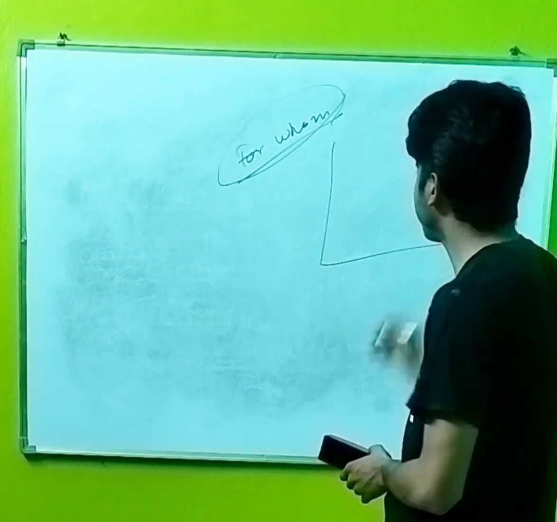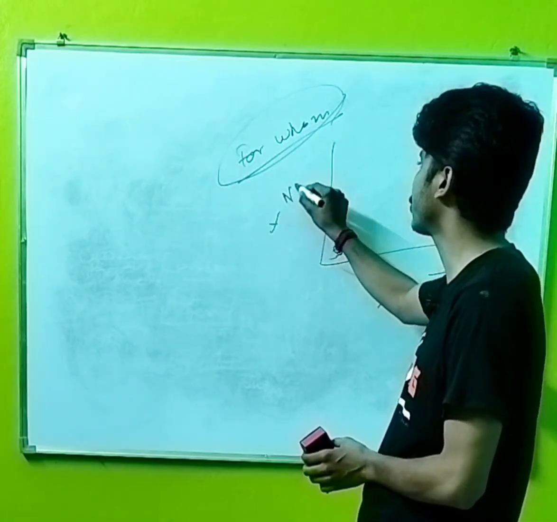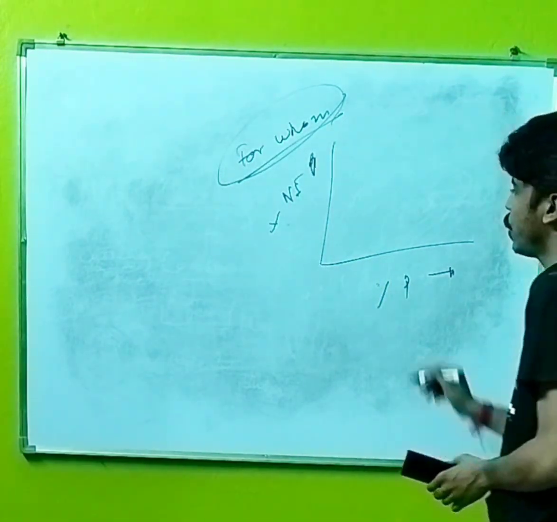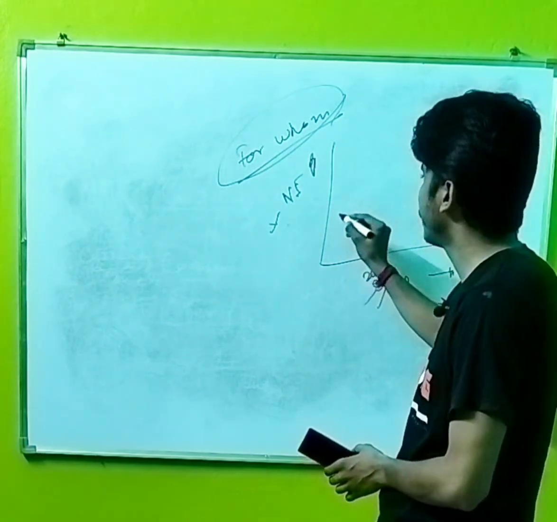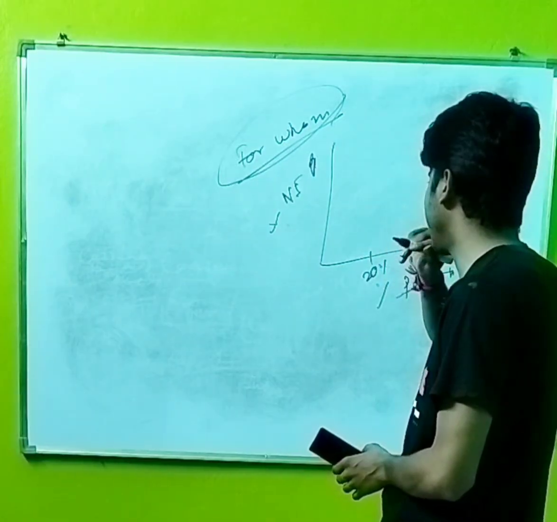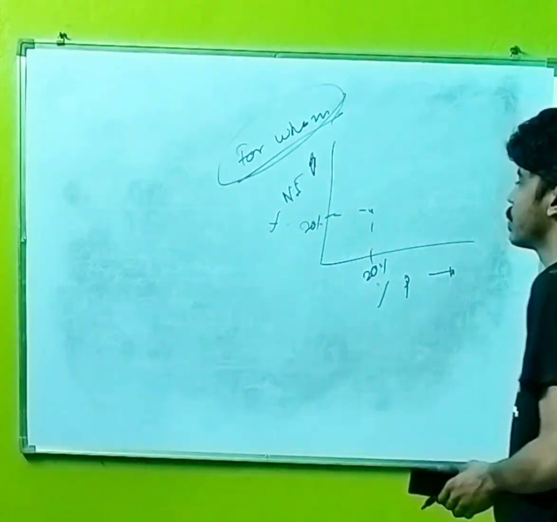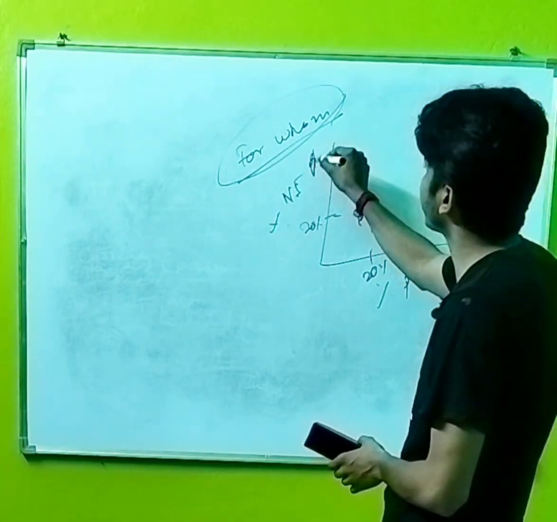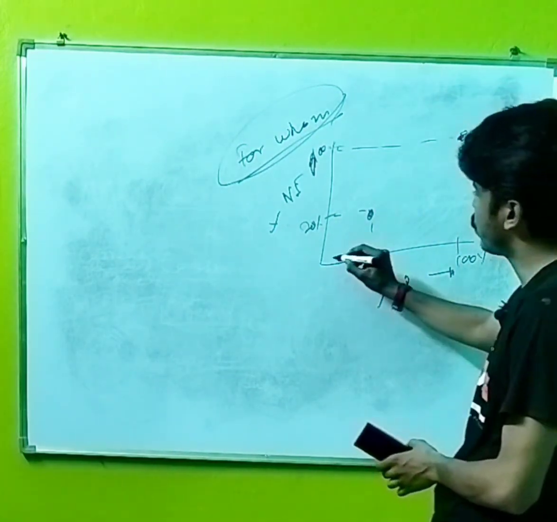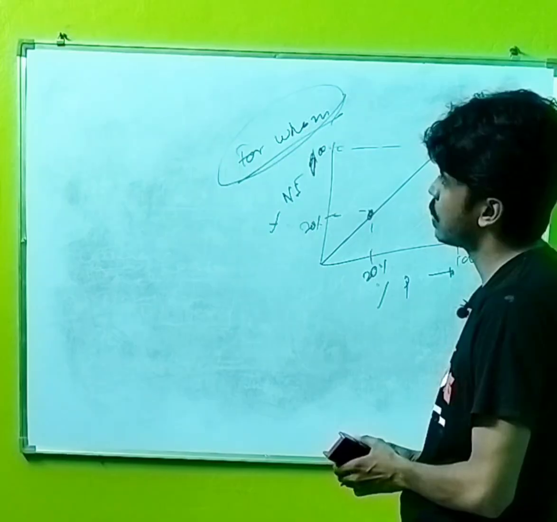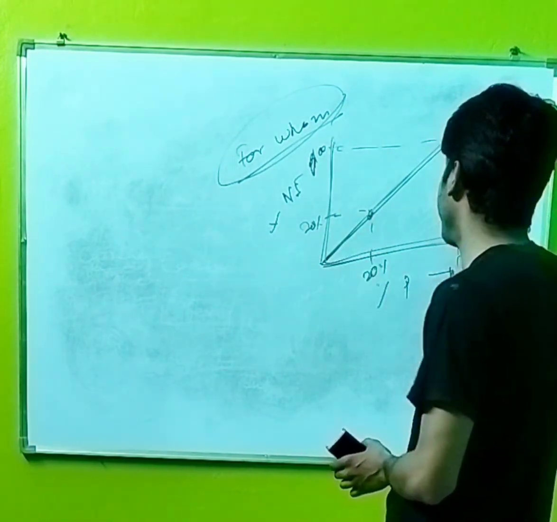For the Gini coefficient, we have a certain curve. Say this axis is the percentage of population and this is the percentage of national income of a certain economy. Say 20% of the population has 20% of national income. This is the ideal stage: 100% of the population has 100% of the national income. So ideally this graph must be linear, but actually we cannot have a linear form.